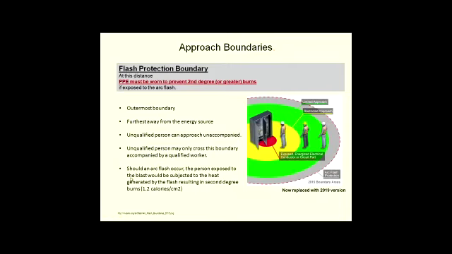Should an arc flash occur, the person exposed to the blast would be subjected to the heat generated by the arc flash, resulting in a second-degree burn, which would be 1.2 calories per square centimeter.